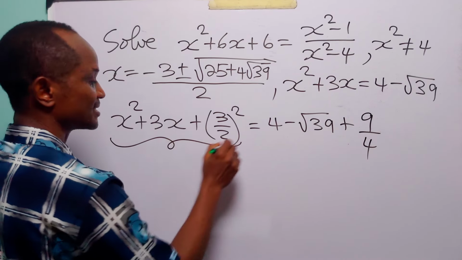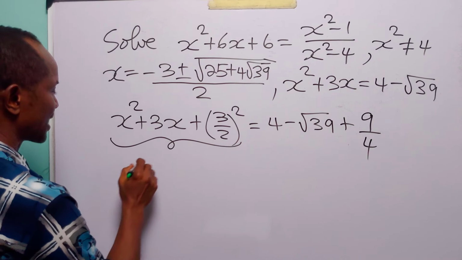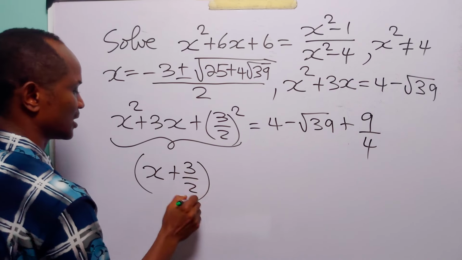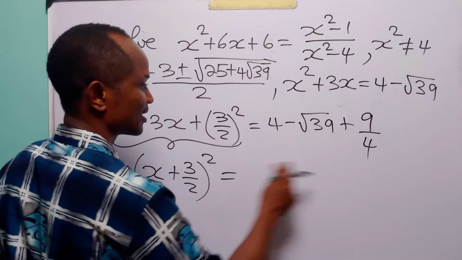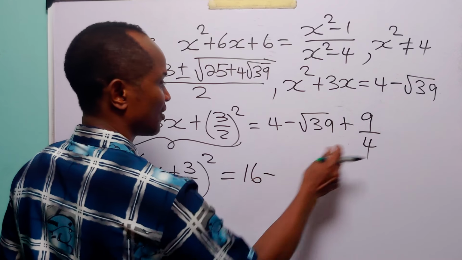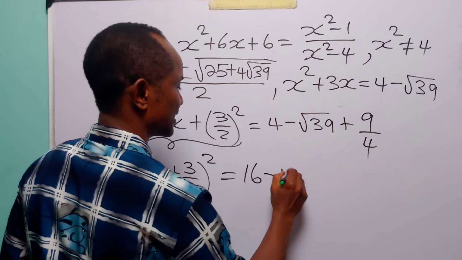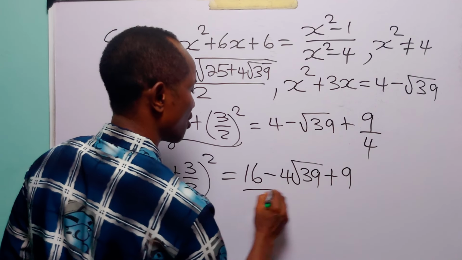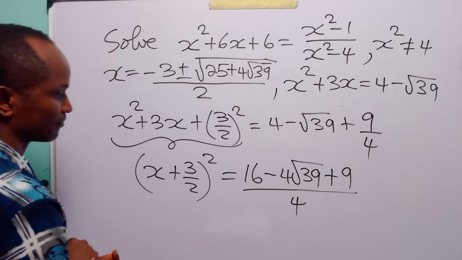Of course, you know that this is now a perfect square. So we have x plus 3 over 2 squared, and this is equal to 4 times 4 is 16 minus 4 times root 39 is 4 root 39 plus 9, all divided by 4.